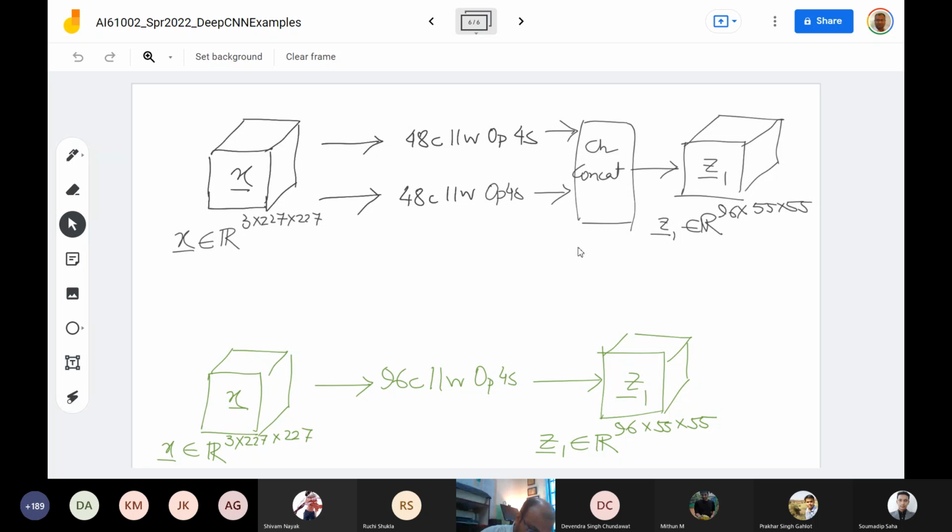So tell me something, in this case, what will be the number of parameters?